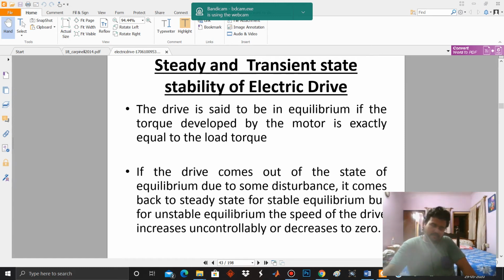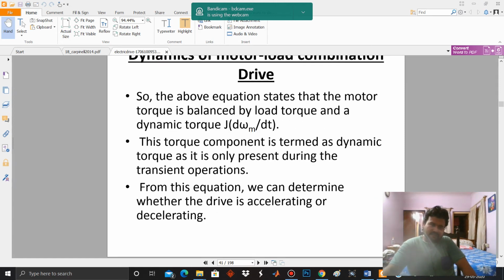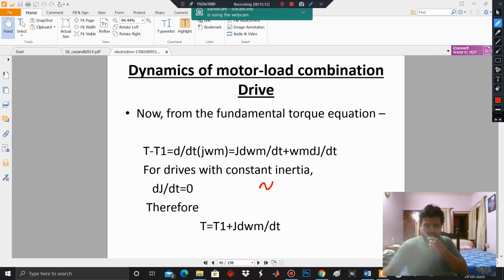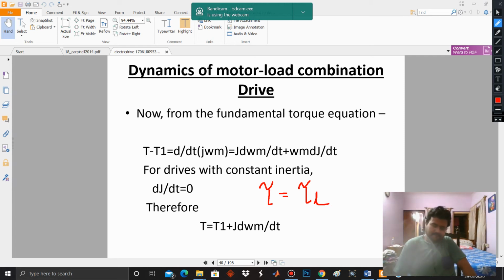Now if we see the load torque equation, or the fundamental torque equation, the drive is said to be in equilibrium when tau is exactly equal to tau L. So this is the equilibrium condition.